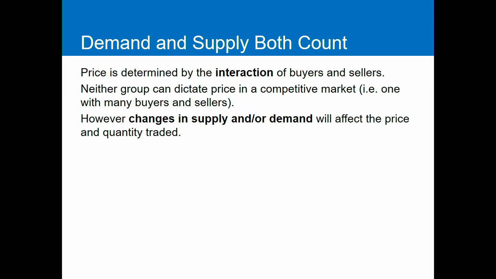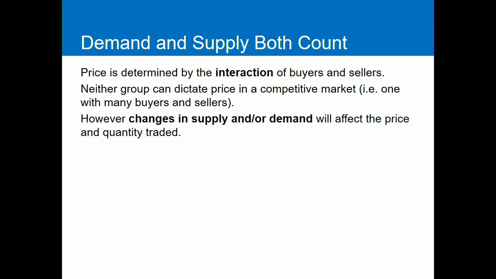A firm can't just decide to price at, say, too high of a price and consumers just have to deal with it. If the firm does that, they're not going to sell many of the goods. The product is going to be sitting there on the shelves, and eventually their self-interest is going to force them to lower their prices so that they can sell more of those goods and actually recoup the money.